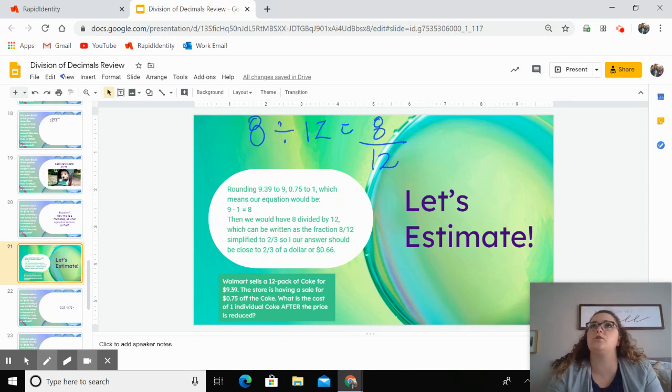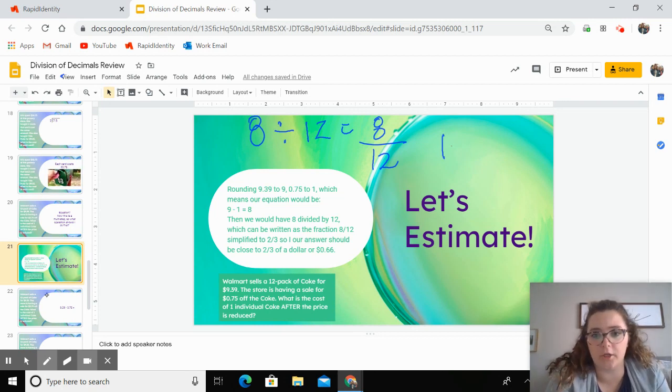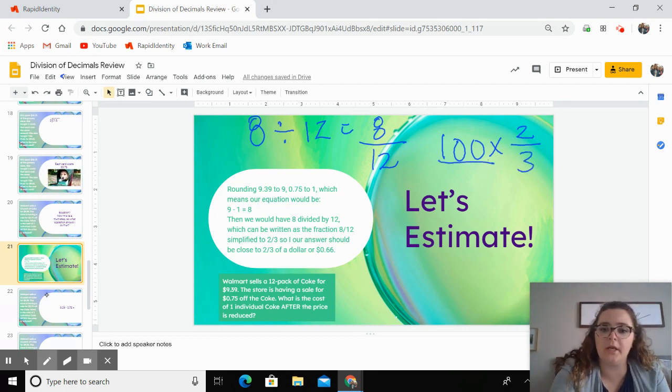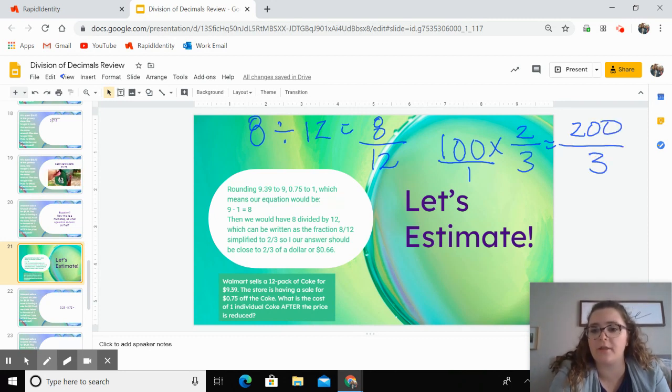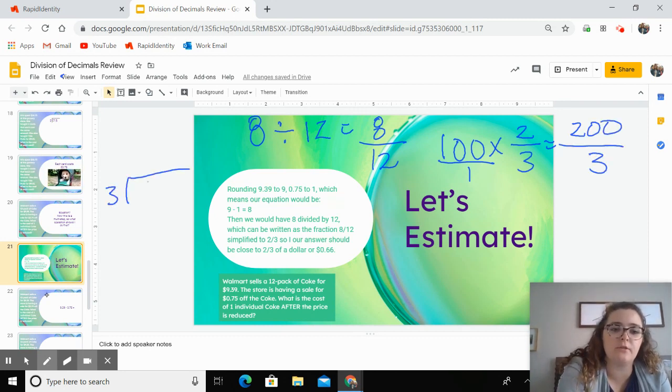Well, what's 2/3 of $1? There's 100 pennies in $1. Remember, of is multiplying. So I'm going to end up with 200 being divided by 3. How many times can 3 go into 200?